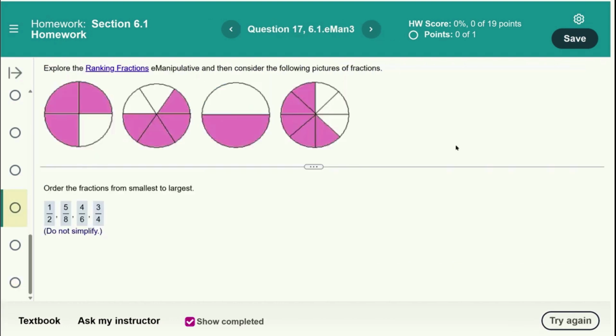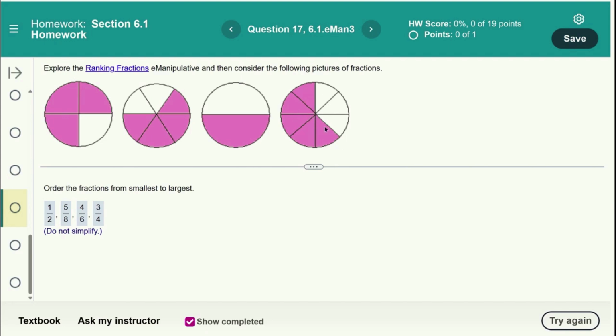Okay? All right, so notice that here we want to rank these fractions based on the images, from the smallest to the largest. So this would be the smallest, which we can see represents 1/2. Next in line we see is this figure.